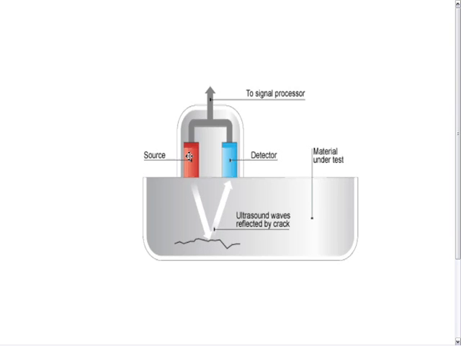By measuring the time between when you send the pulse out and when you get your reflection back, you can get an idea as to where this little crack is, or whether there's a crack there at all. Ideally nothing comes up in your detector, meaning there's no crack anywhere. But if you get a reflection back, then you can locate where the crack is. So that's an ultrasound use for industry, which is finding cracks in materials.